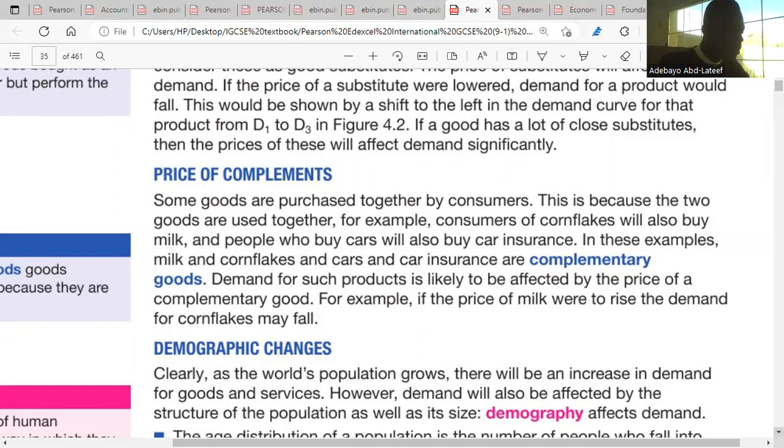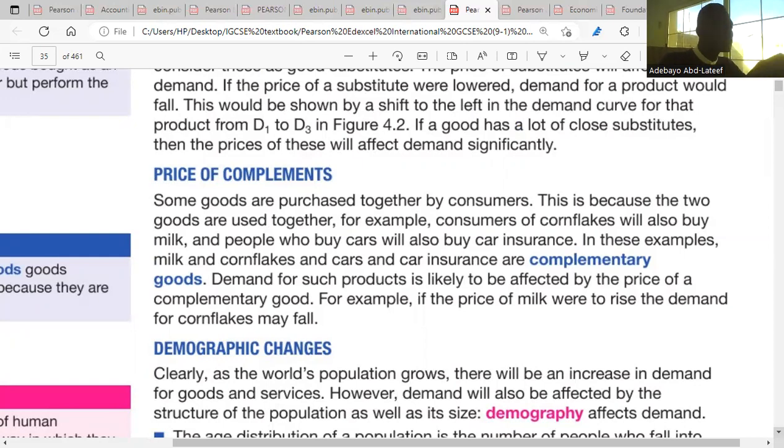So I wrote, some goods are purchased together. If the price of one rises, the demand for the other might fall, shifting the demand curve leftward from D1 to D3. If the price of a laptop, for example, increases, the quantity demanded for laptop chargers might fall. Do you get the point here? So these are complementary goods.